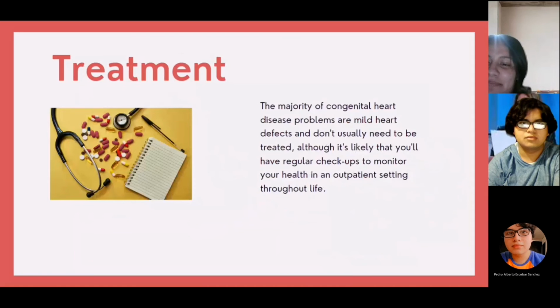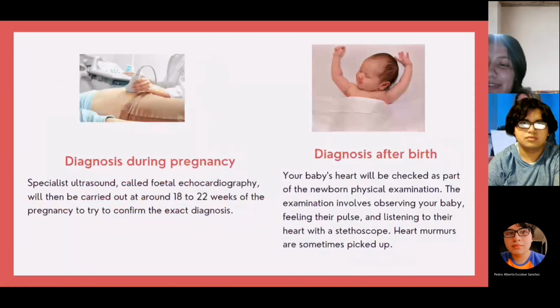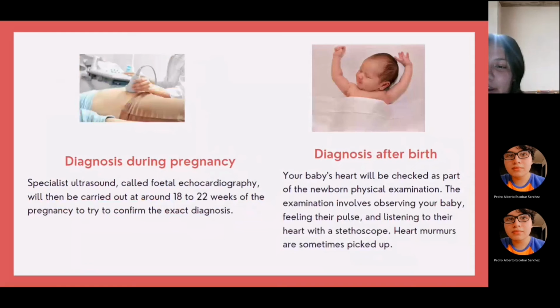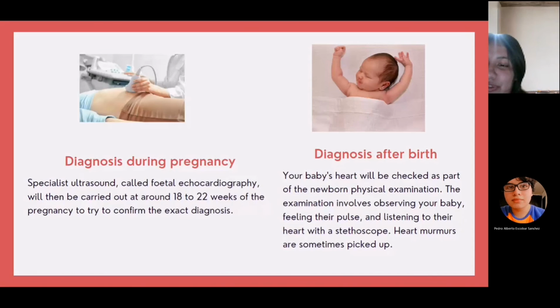Diagnosis after the birth. It's sometimes possible to diagnose a baby with congenital heart disease shortly after birth if some of the characteristics or symptoms of congenital heart disease, such as a blue tinge to the skin or lips, cyanosis, are present. Your baby's heart will be checked as part of the newborn physical examination.